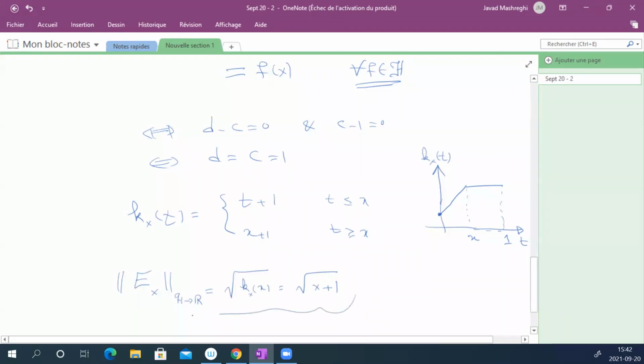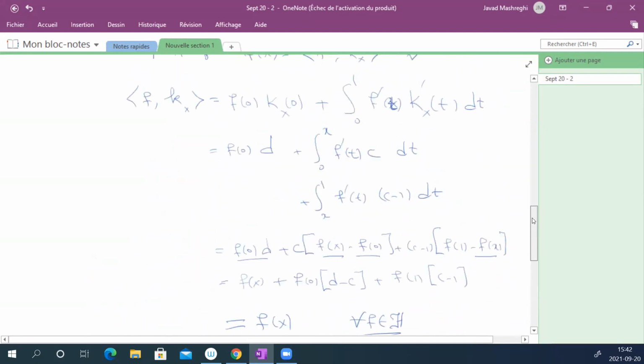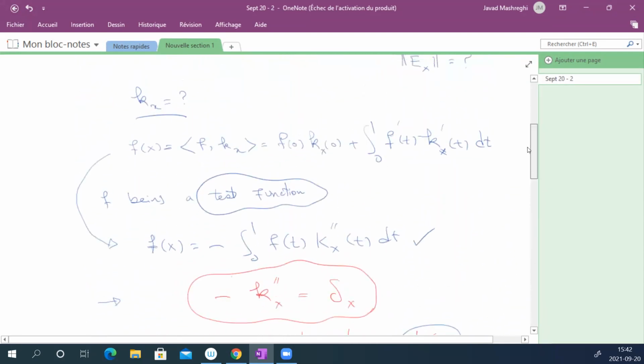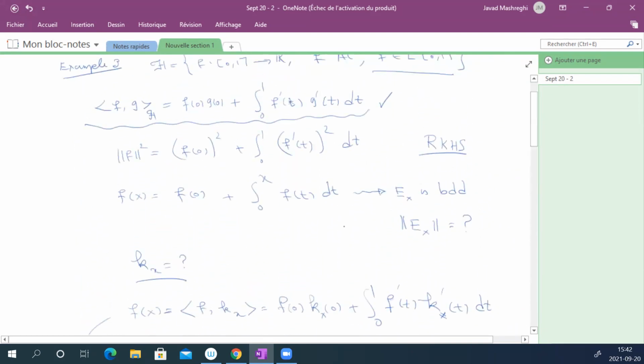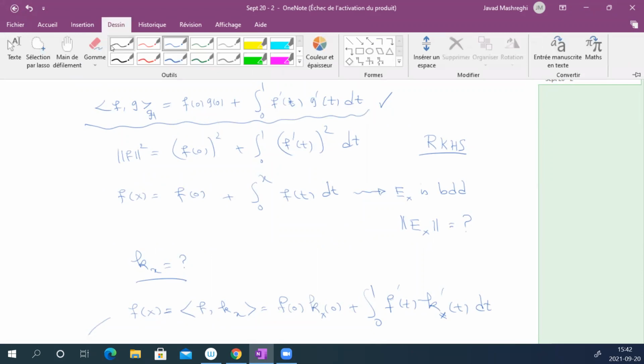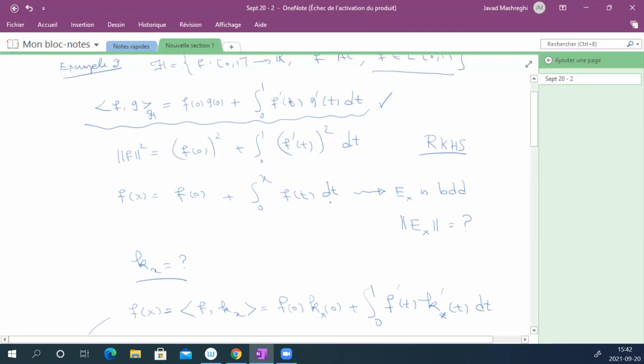To appreciate this, I go back to the beginning when we had a representation here. This representation enables us to show that E_x is bounded.